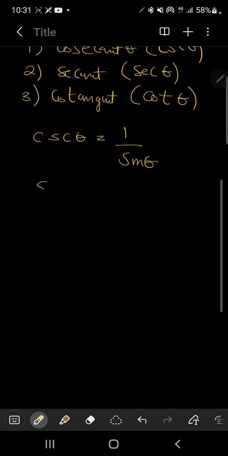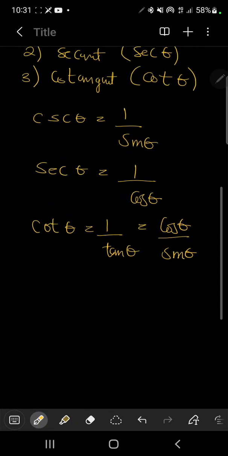Then secant theta is equal to 1 over cos theta, and cot theta is equal to 1 over tan of theta, which is the same as saying cos over sine of theta. So these are the reciprocals of the basic trig functions that we highlighted above.